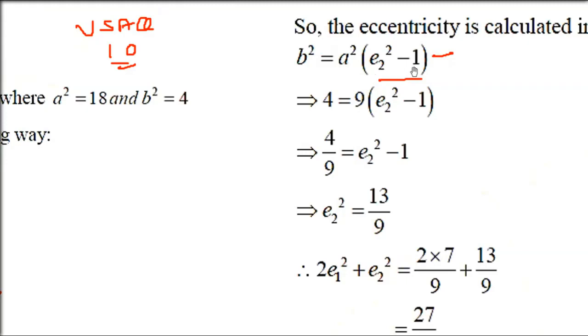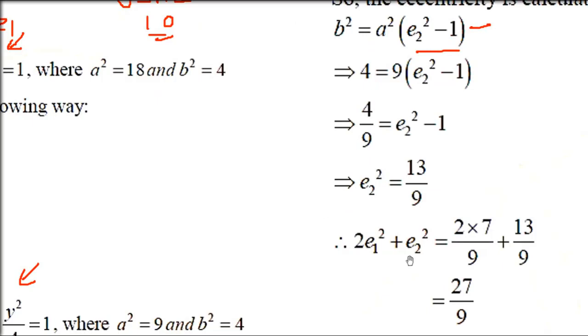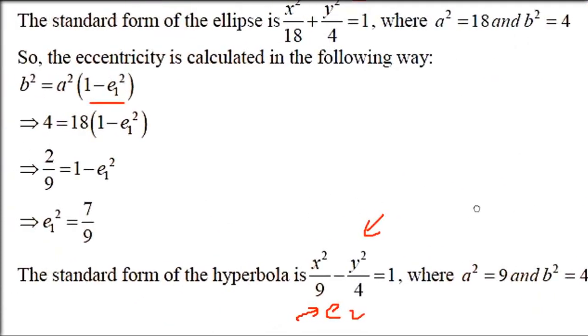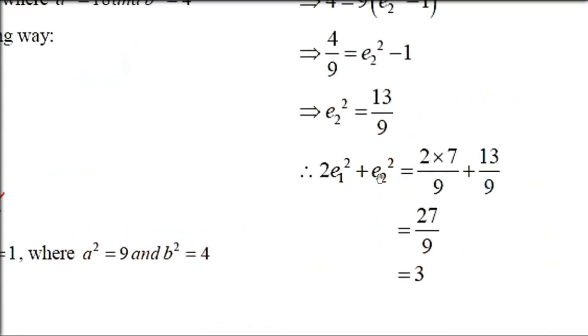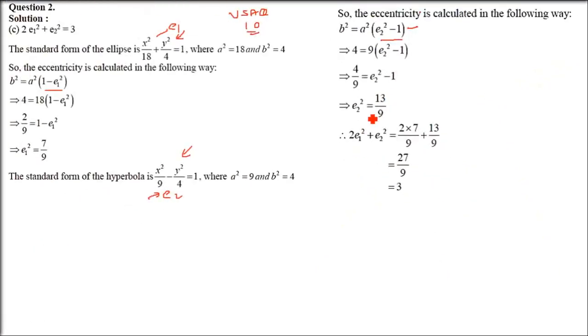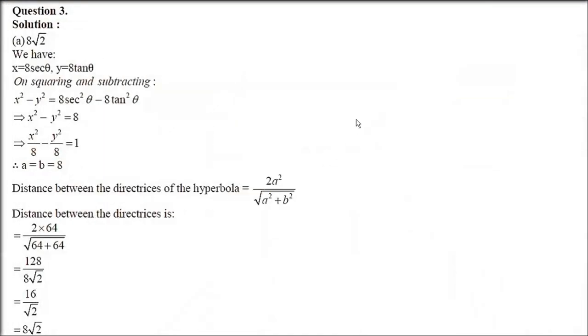The formula changes: b square equals a square, e square minus 1. So 2e1 square plus 2e2 square, when you put in the values of e1 square and e2 square, is going to be 3. So the answer will be C.